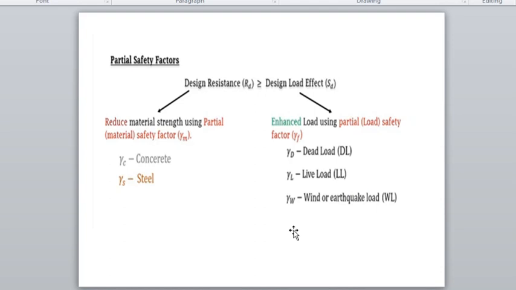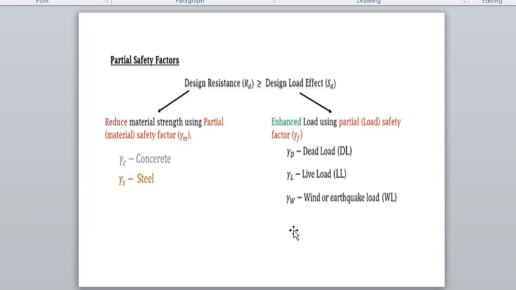For example, I have so many UDL, so many UVL and point loads. I calculate all the loads that can come on that structure. Let it be 100 Newton. But I will not be designing for 100 Newton. I will be designing for a somewhat higher value, and that higher value is known as the partial load safety factor.